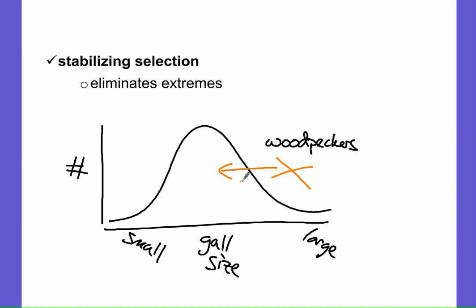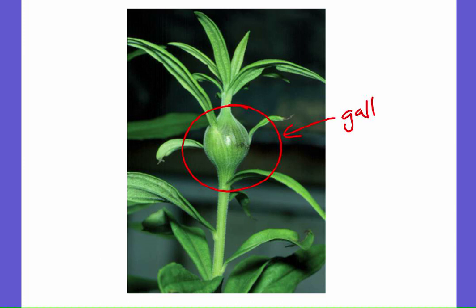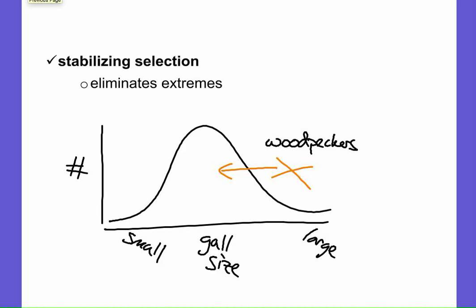But it turns out there's actually two selective forces here. Aside from woodpeckers attacking those galls, there is also the possibility of having a wasp lay its eggs inside of the gall in a parasitic fashion where its babies will actually eat the larvae of the fly to survive. So you have not just one selectional force, you have two.